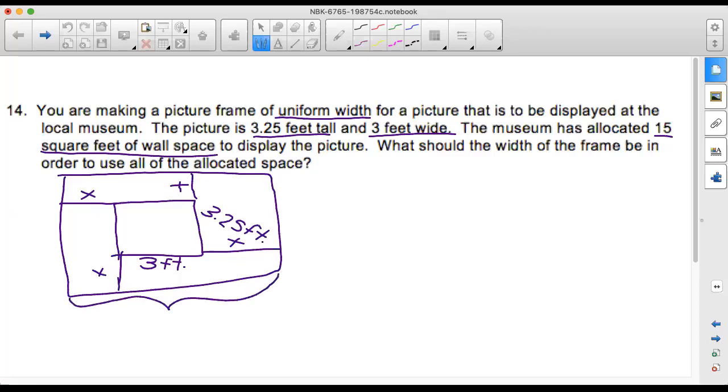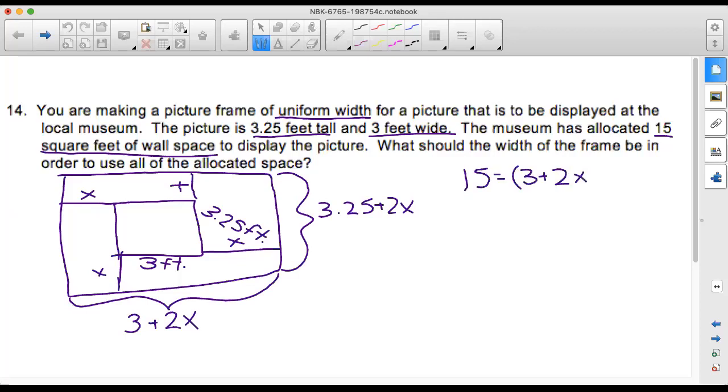Jordan, what's the length of this whole side? 3 plus 2x. Yeah, because we have to think of both sides, x on both sides. So then what about the height? 3.25. Beautiful. How would I set up this problem? 15 equals 3 plus 2x times 3.25. Awesome. Questions on how we set it up there, the picture, and my awful crooked frame?